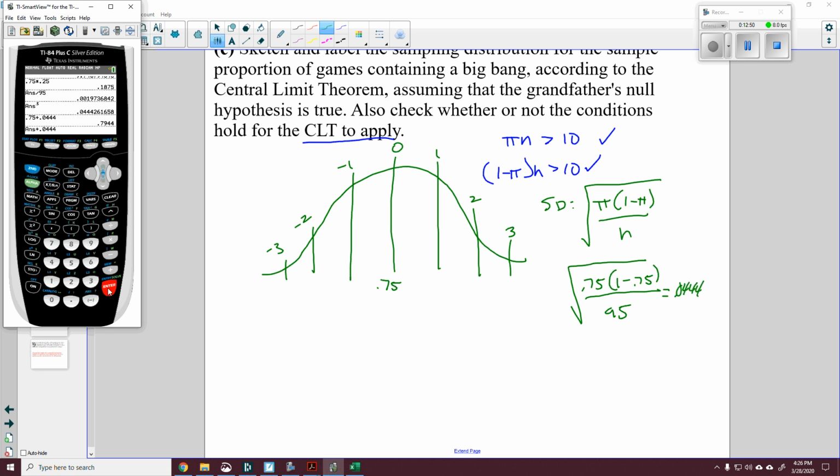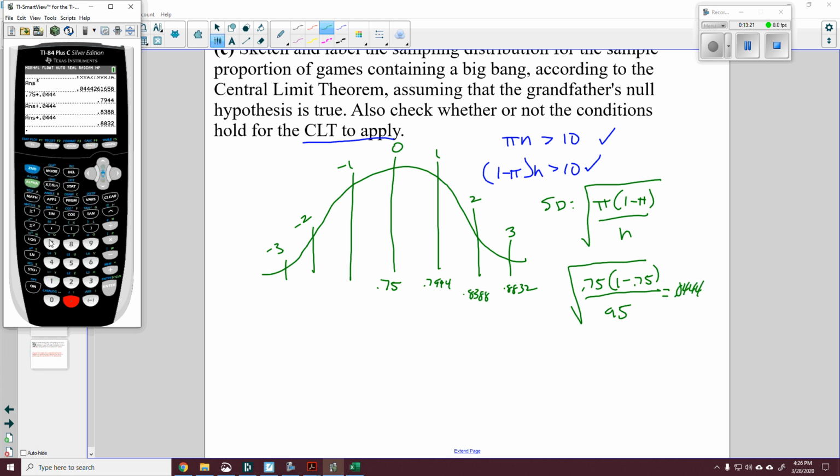And I find out that 1, 2, and 3 standard deviations are 0.7944, 0.8388, and then 0.8832.